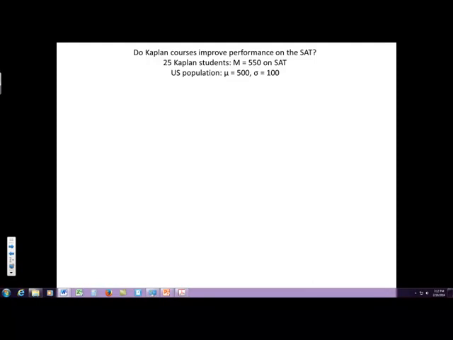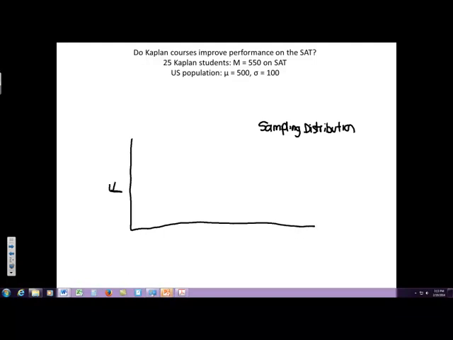So let's draw the sampling distribution. Again, frequency is represented along the y-axis. Draw a nice normal curve.